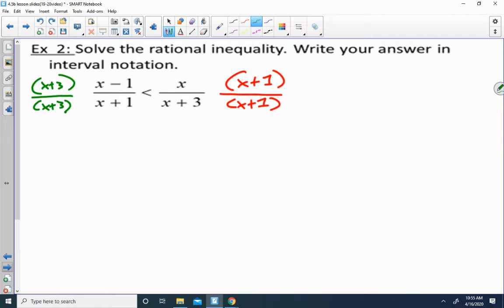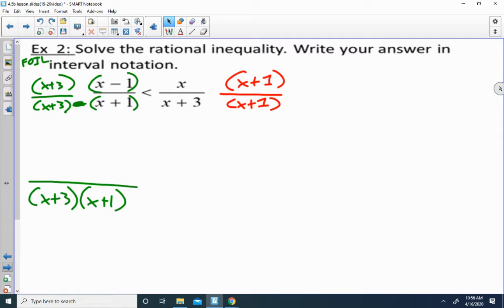I'm going to do the green side first. So this time, as I said before, don't worry about FOILing the bottom. Just keep the bottom as x plus 3, x plus 1. The top, however, we actually do need to FOIL. Trust me on this. So when we FOIL, we've got to do first, outer, inner, last.